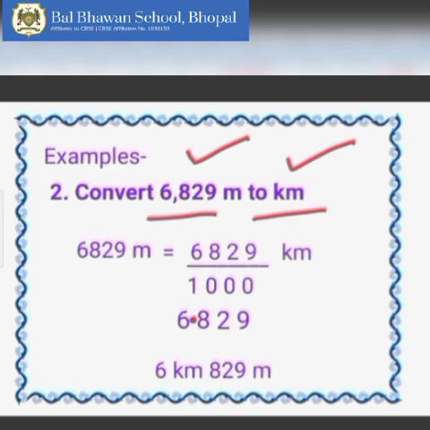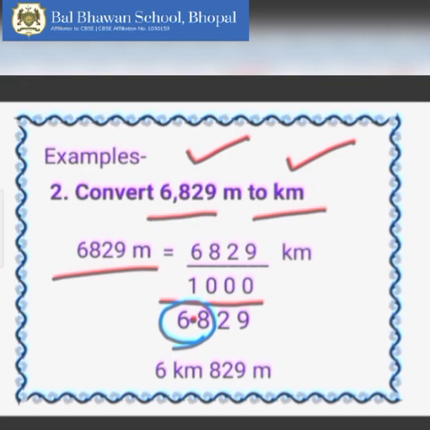We have to divide 6829 meters by 1000. When we divide a number by 1000, then we need to put a decimal point after the 3rd place from the right side, as I have put before 8.